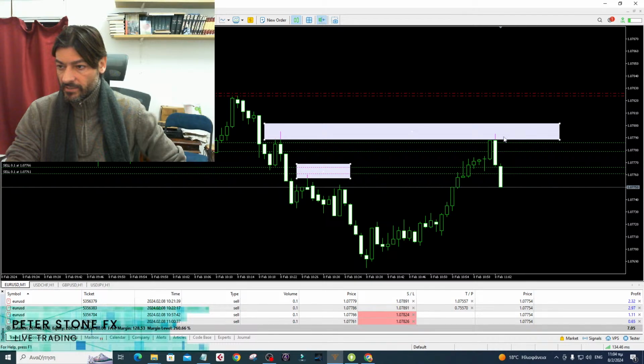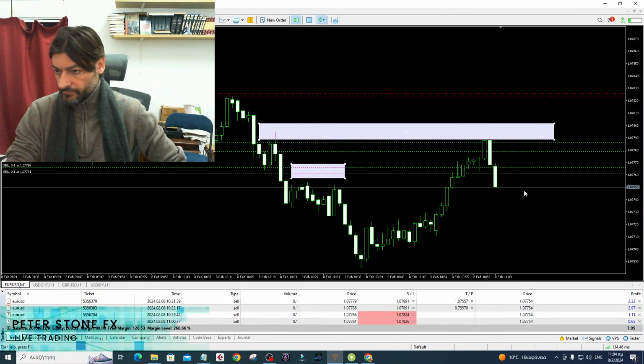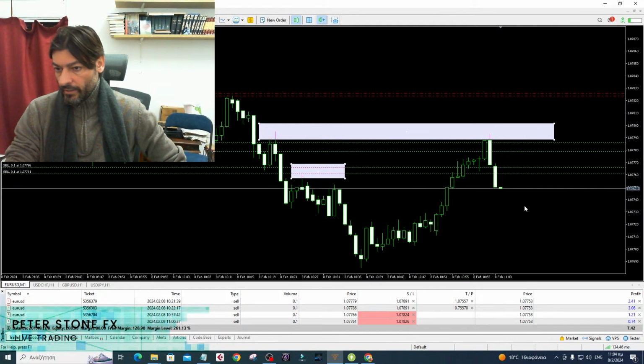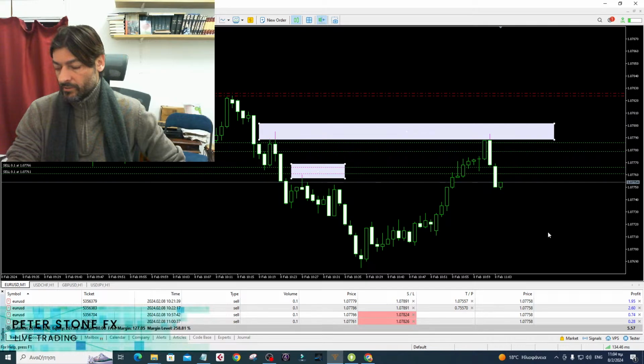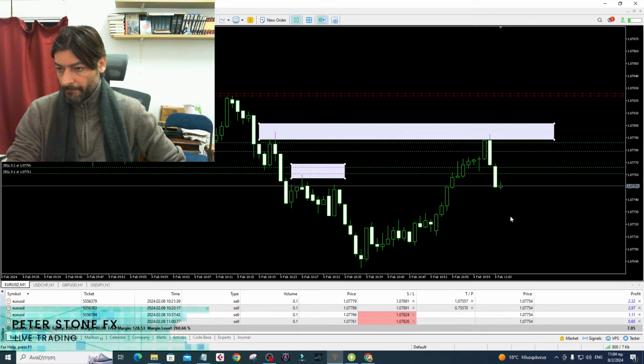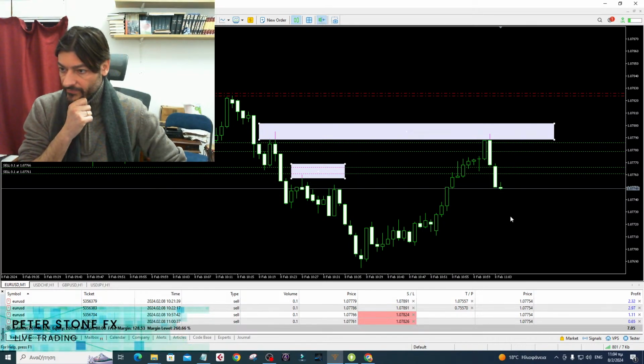It touched this fair value gap, and price is going down with dynamic. I like this candle that surpassed this one. It suggests that it's a bearish order block. We might have a fair value gap, and then price touches it and then goes straight down. Yes, I like that. I feel very confident in this trade.